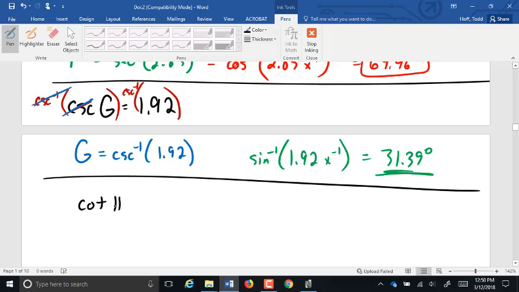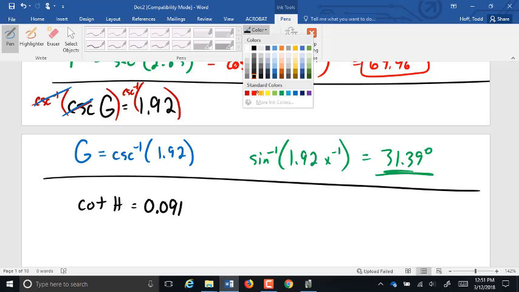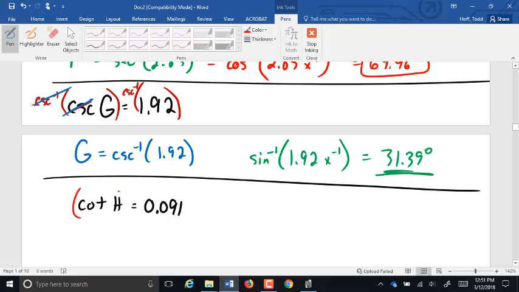What if I tell you that the cotangent of angle H is 0.091? That sounds right. We are technically doing an inverse cotangent, which cancels out the cotangent.